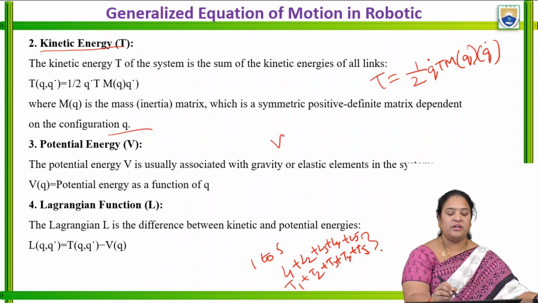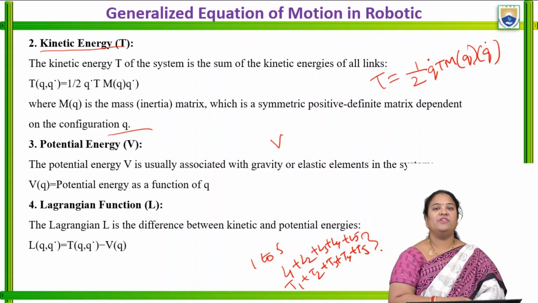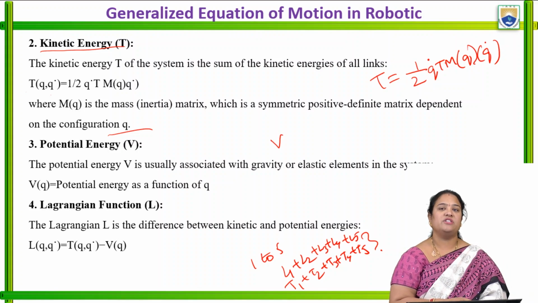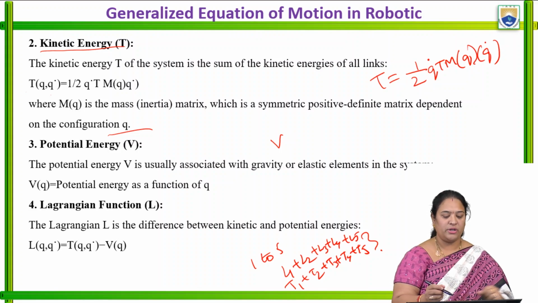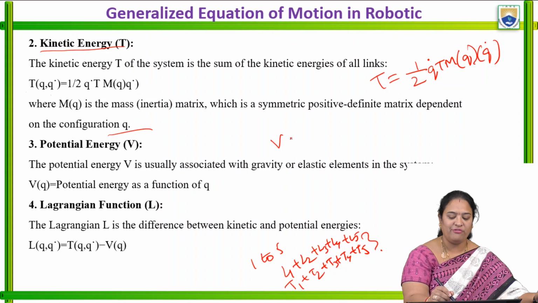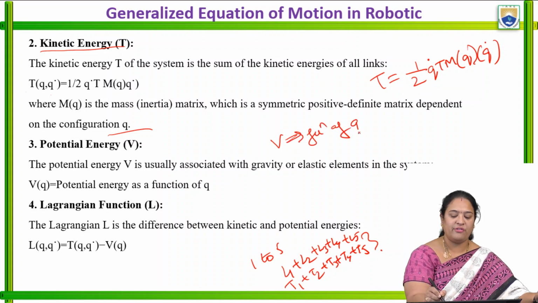The potential energy we take as V, which gives the association with gravity or the elastic elements in the system, and it works as a function of q.